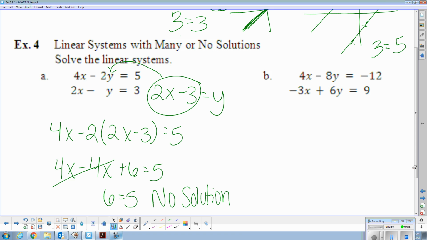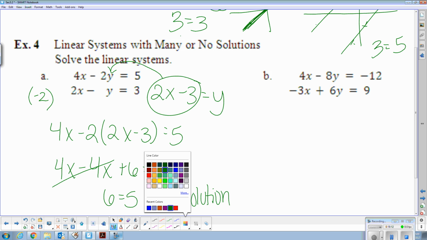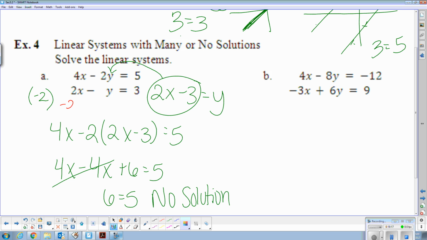You could have also solved this. I probably would have used the substitution method like you did, but you could have also solved this using the elimination method. So if you use the elimination method, you could have multiplied the second equation by -2. And you would have gotten -4x plus 2y equals -6.